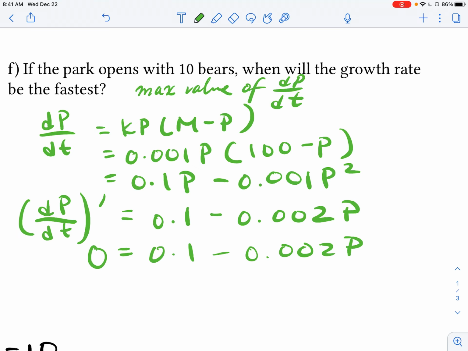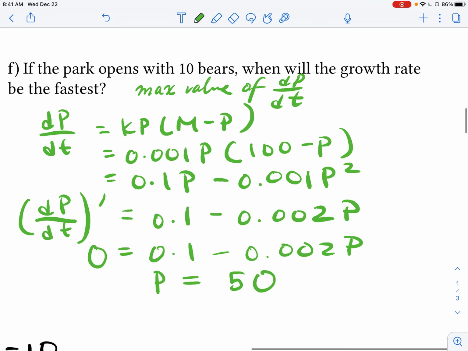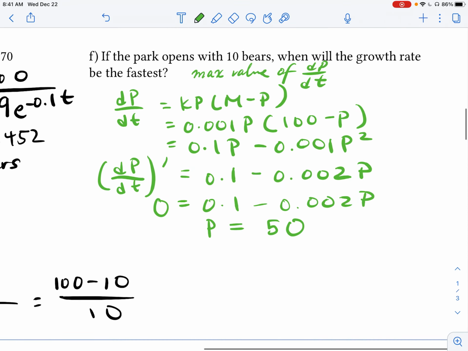Now let's set that equal to 0. And I'll spare you a lot of the calculations here, but if you move 0.1 to the other side and divide by 0.002, you would get p is equal to 50. So now that we know that p is equal to 50, we need to solve for the time.